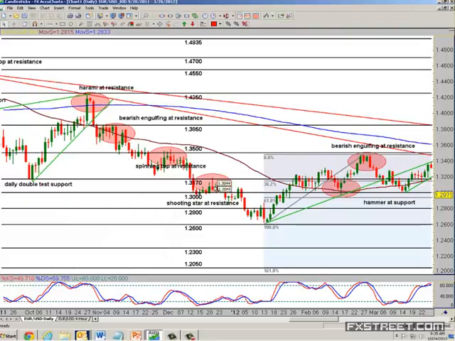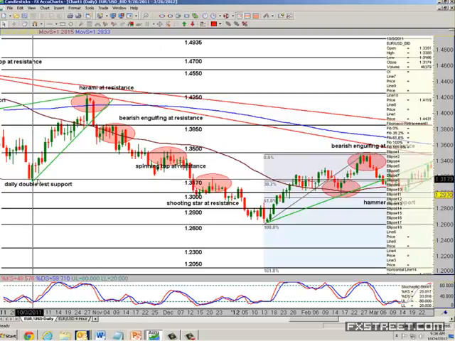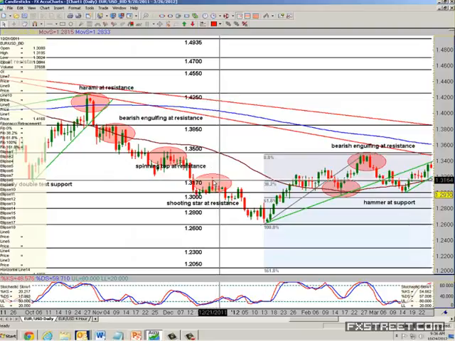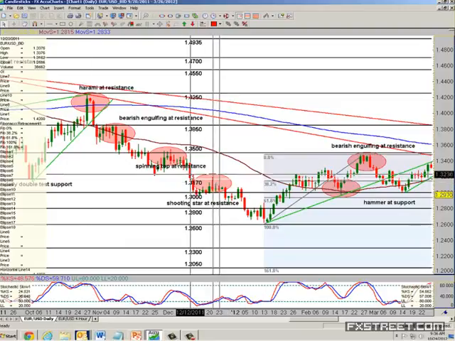So if we take a look right here, we have the shooting star at resistance. Again, 3170. You take a look back here, daily, the double support right here at 3170. So 3170 becomes the key level, which it still is, by the way. So this was back in 2001. I'll just show you the past here.